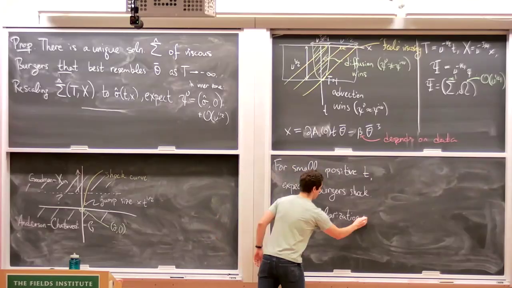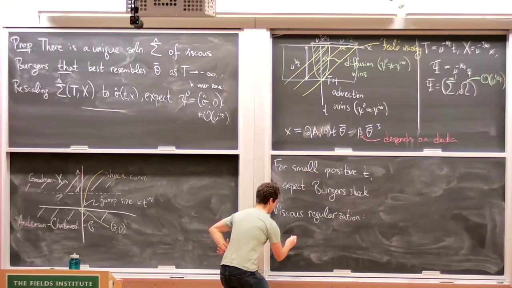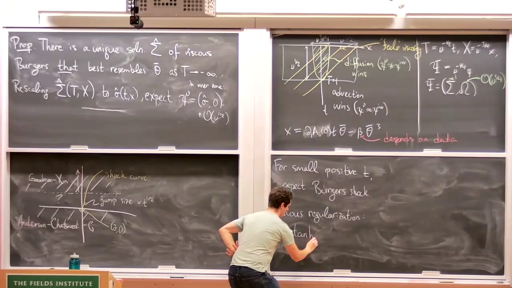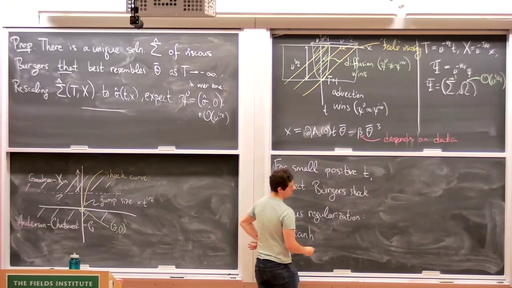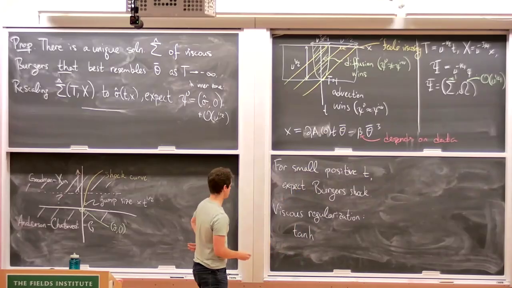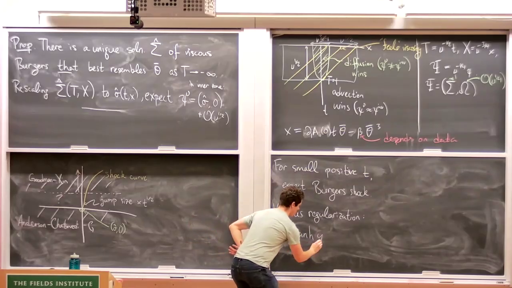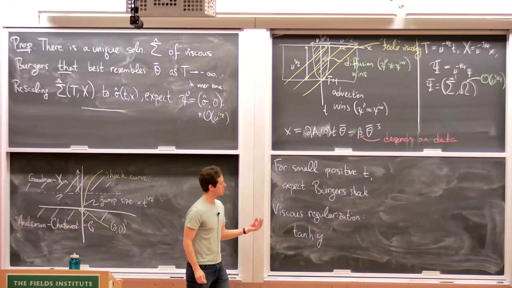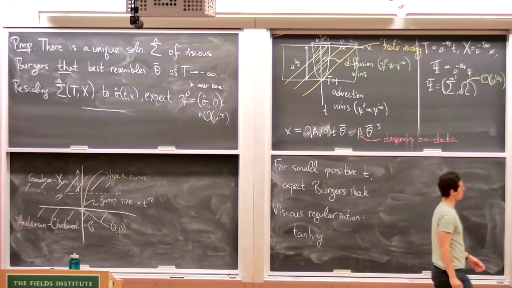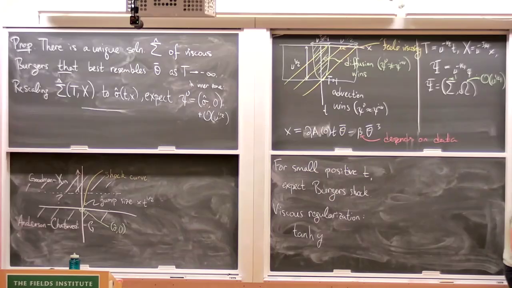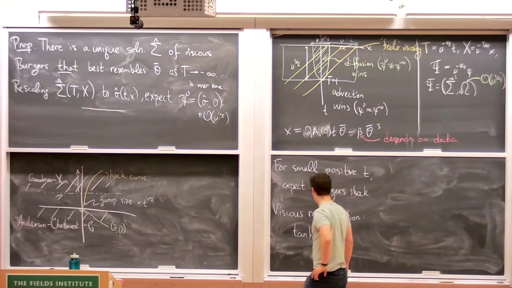And you're going to get a hyperbolic tangent. So let me say hyperbolic tangent of y, where y denotes some rescaled inner variable here.